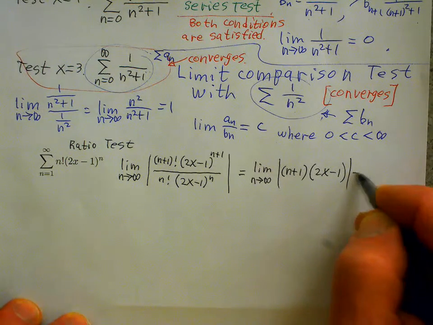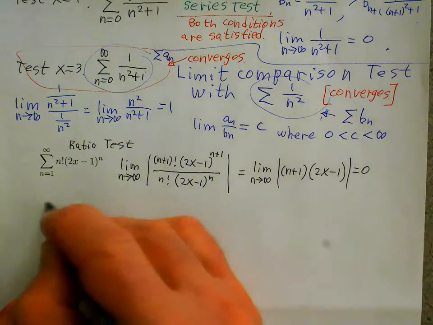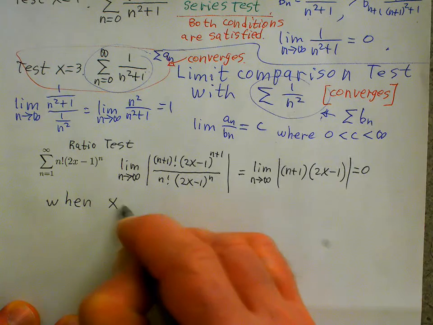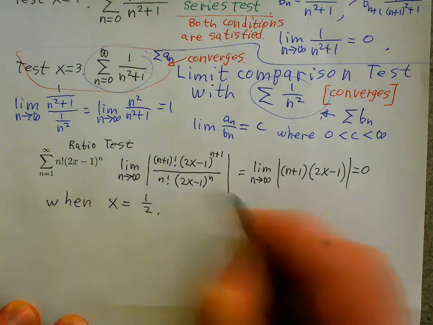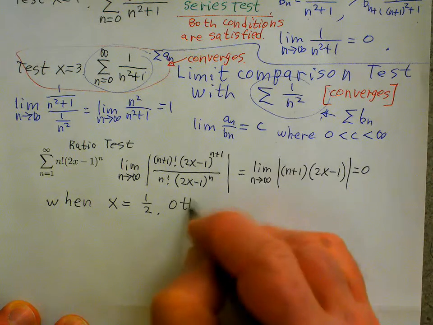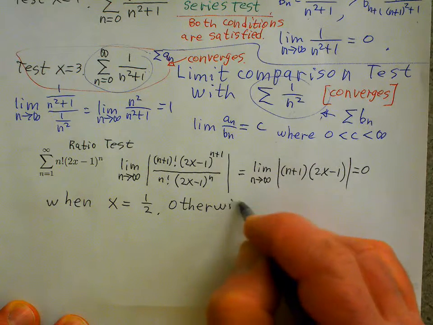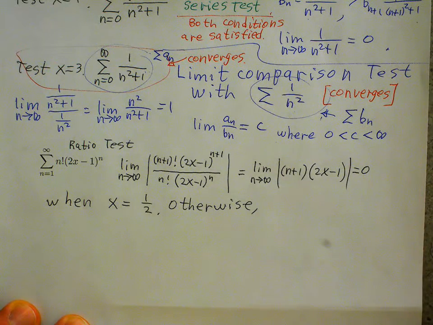So this limit is equal to 0 when x equals positive 1/2. Otherwise, the limit diverges to infinity.